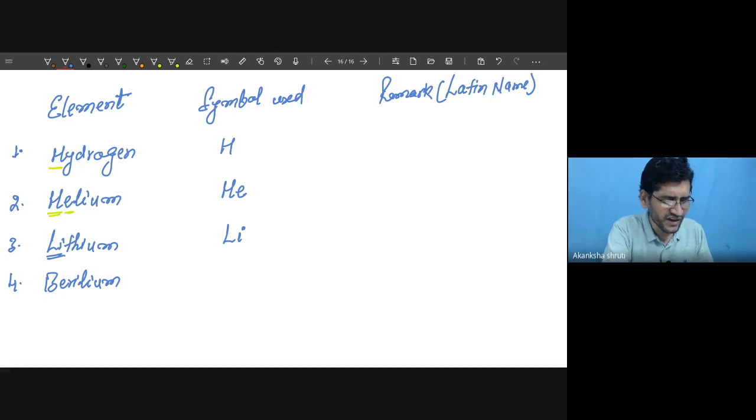Yes, students? Up to nearly 20 you have to keep in mind. So for beryllium, Be is taken. Here we are getting Be, it is Y. Here it is the double L in beryllium. You have to keep this name as well as their symbol in your mind.